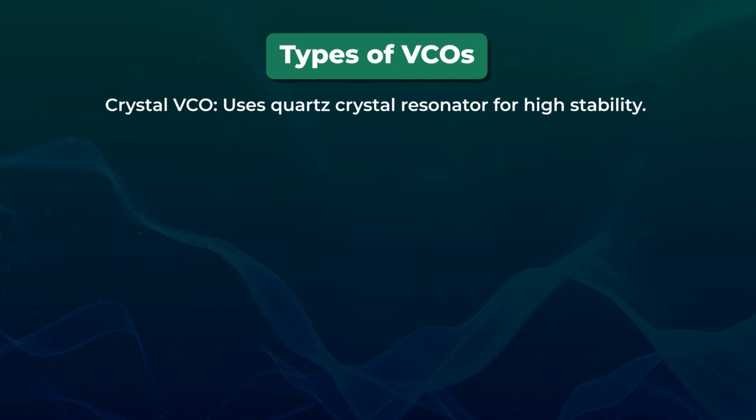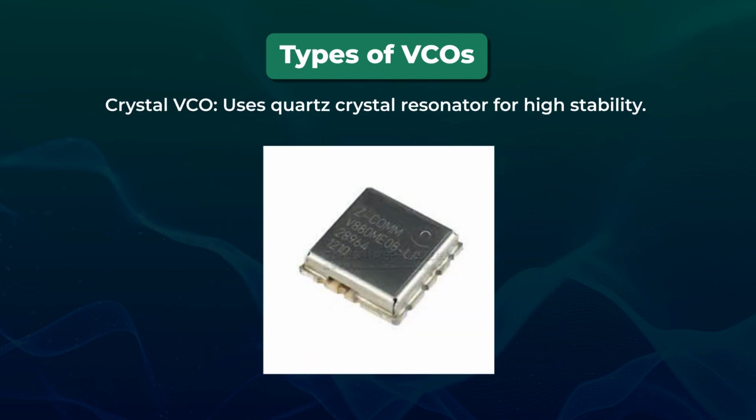The next category of VCO is the crystal VCO. It uses a quartz crystal resonator to achieve high stability. Crystal VCOs are typically used in applications where frequency stability is critical, such as in communication systems and precision instruments.